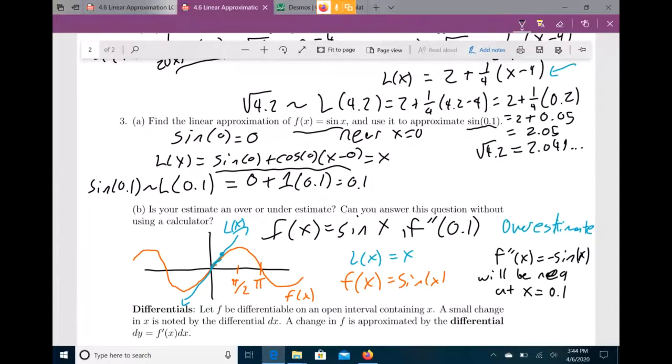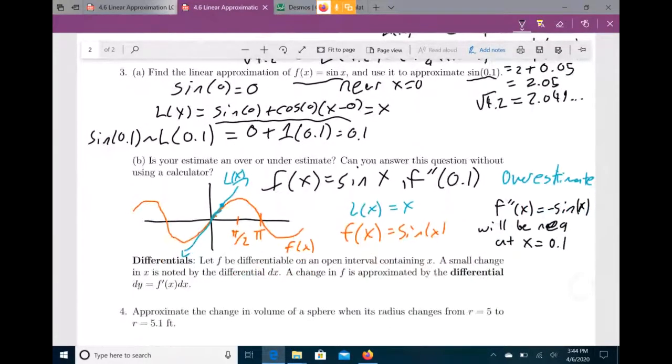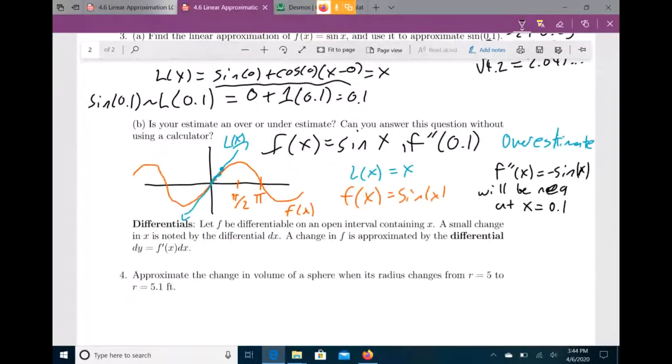Okay, so now the last topic will be differentials. So this is similar to linear approximations. It might seem a little weird at first, but the idea is that we'll estimate a change in a function, or figure out how much a small change in your independent variable changes your dependent variable.